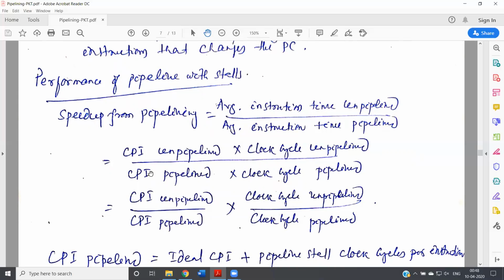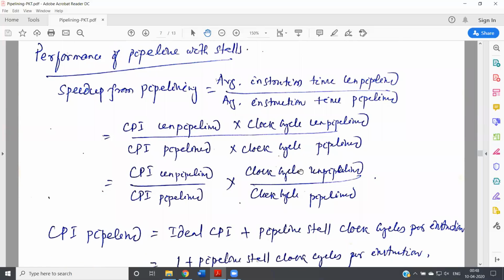Similarly, for pipeline architecture, it is the number of clock cycles required times the clock cycle time. The clock cycle time is the same because the same machine is being converted to a pipeline. So the clock cycle time is the same, but the number of clock cycles required may vary. So speedup is CPI non-pipeline by CPI pipeline times clock cycle non-pipeline by clock cycle pipeline.